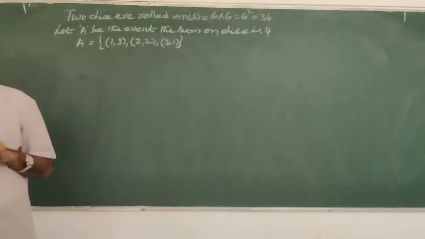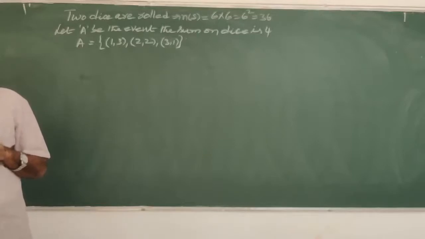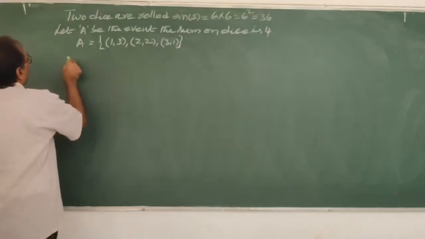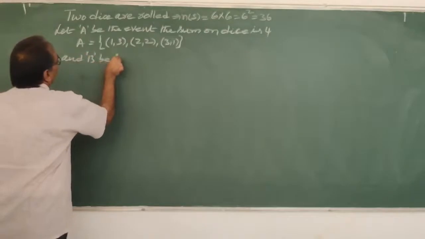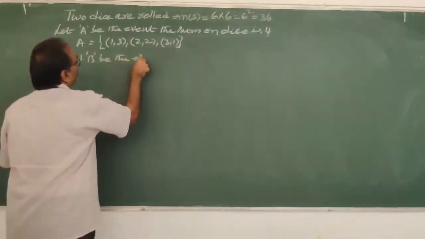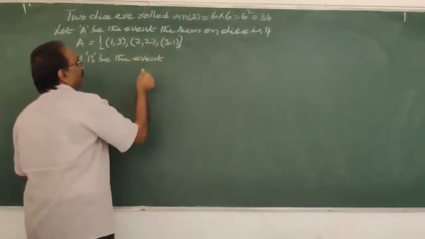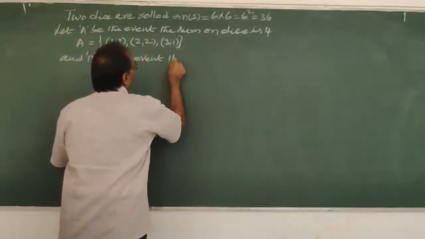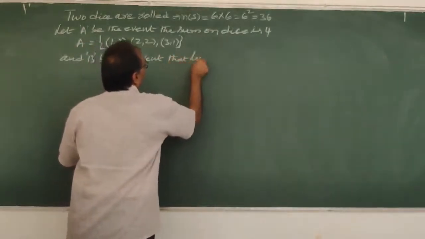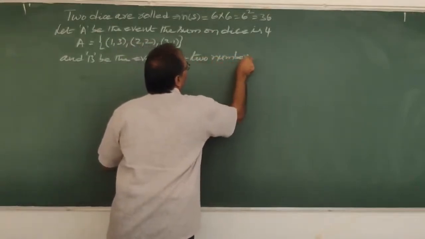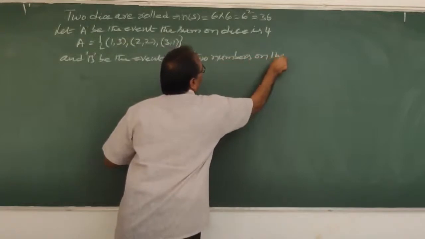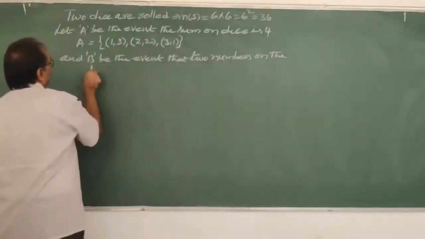Okay, now another event, we will take B. What is B? Given that the numbers appearing on the 2 dice are different, let B be the event that the 2 numbers on the dice are different.